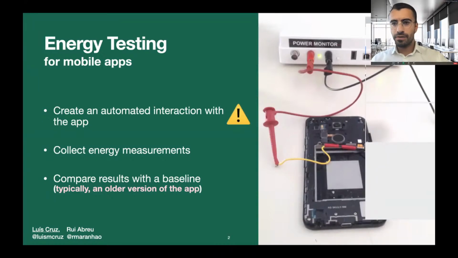The idea is that for energy testing, we need to first create an automated interaction with the app. Then we need to collect energy measurements and compare the results with the baseline, typically the previous version of the app. We want to understand whether creating the automated interactions is actually affecting the results of our energy tests.